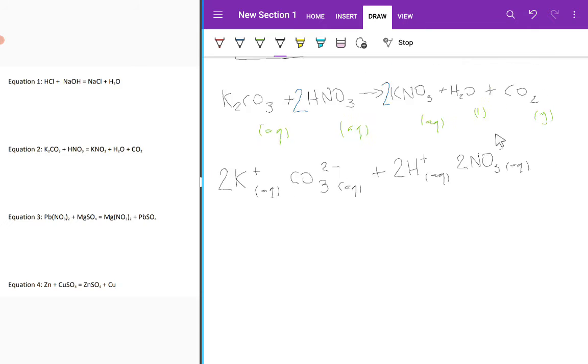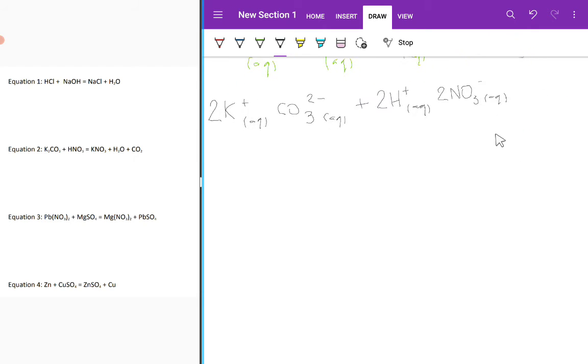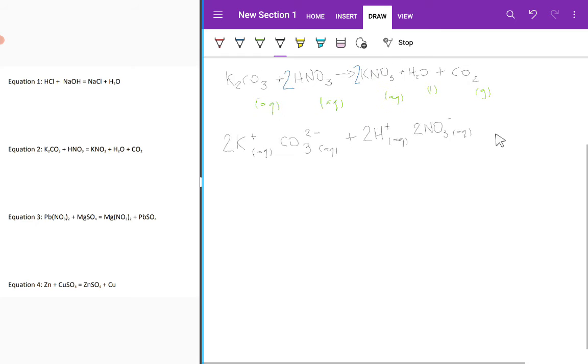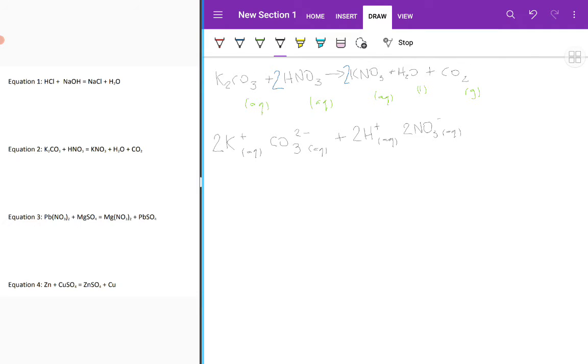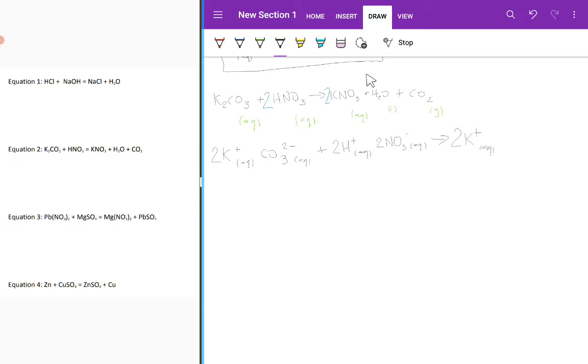Please do not change the formulas for the ions. Then we have our potassium nitrate. We have 2 molecules of potassium nitrate, so it's 2K plus, and that's aqueous, and 2NO3 minus, and that's also aqueous.